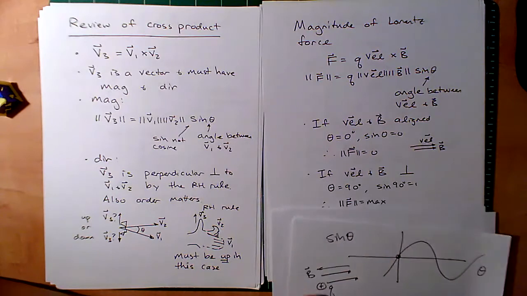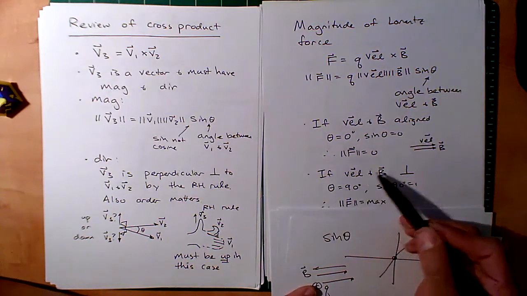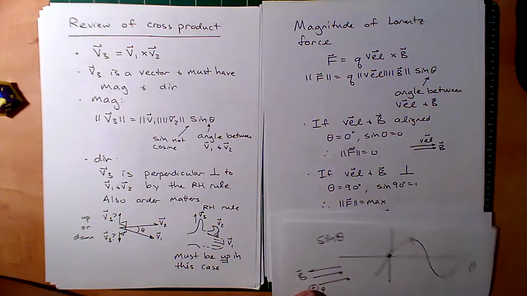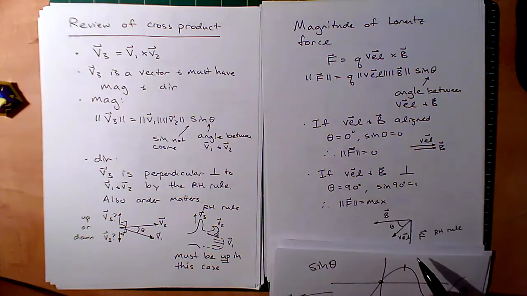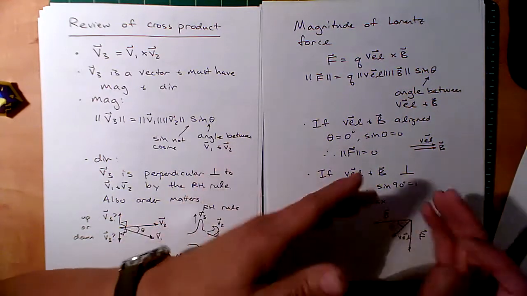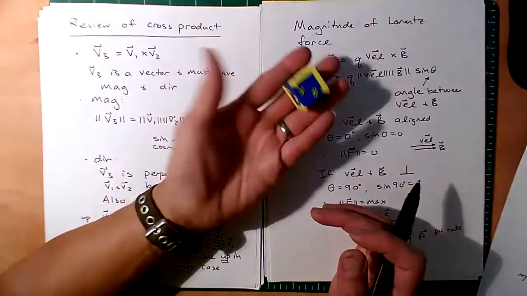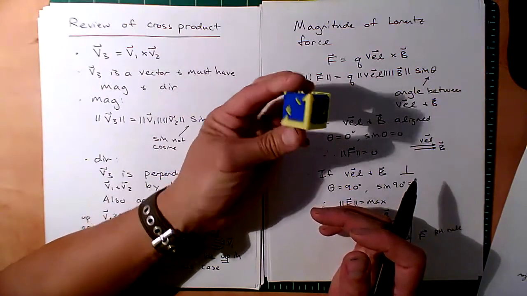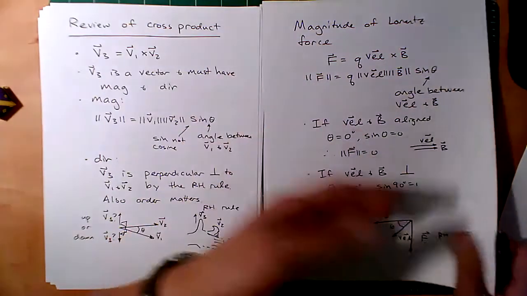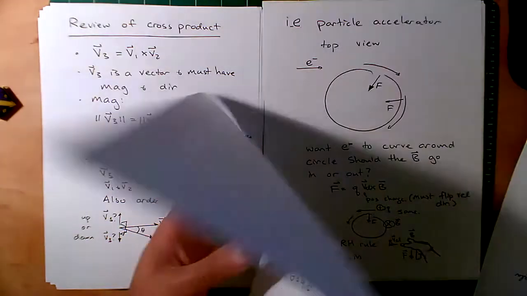And I have that written here. If velocity and B are perpendicular, theta is 90, sine of 90 is 1, and the force is maximized. This is the situation where we had that original simplified law, but this is the more general version, which accounts for anything in between.